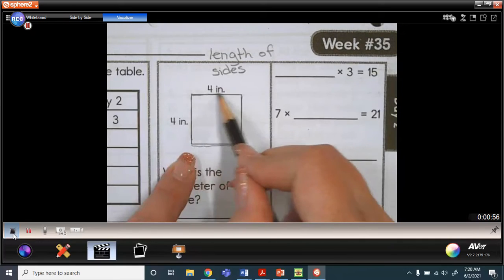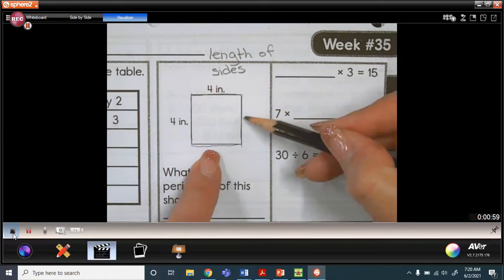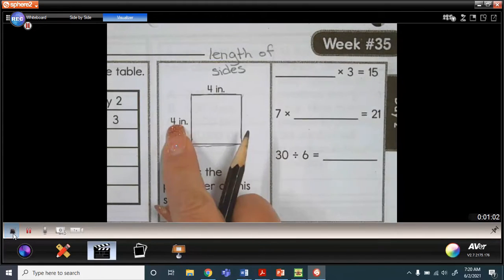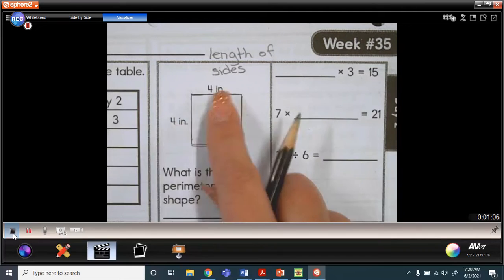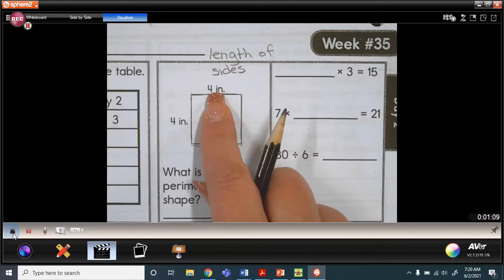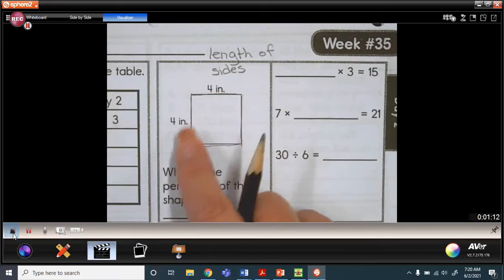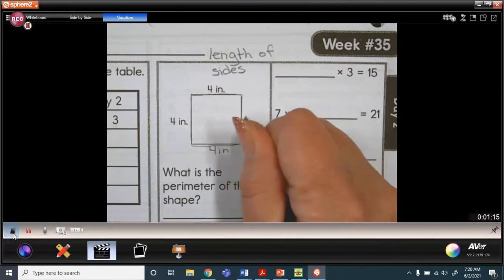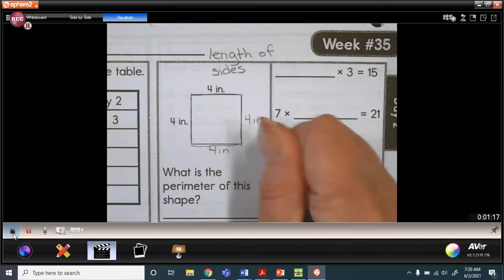Since these sides are not labeled, we automatically know what the length of those sides are because we know that a square has 4 equal sides. And even if we didn't have this side labeled, we would still know that this is going to be 4 inches, and this side is also going to be 4 inches long.